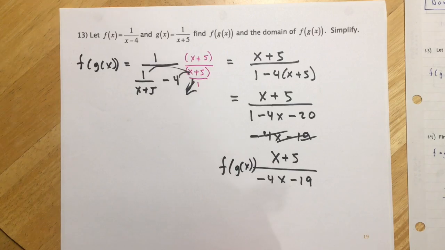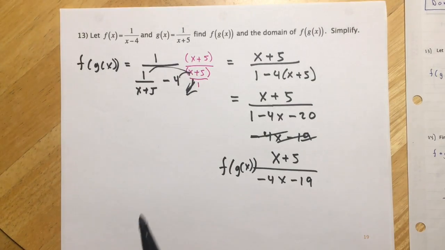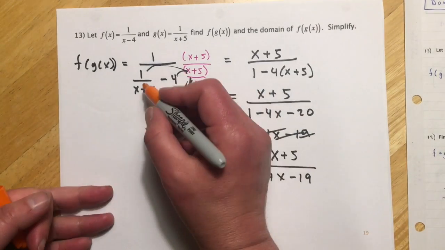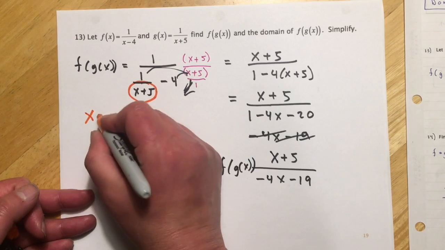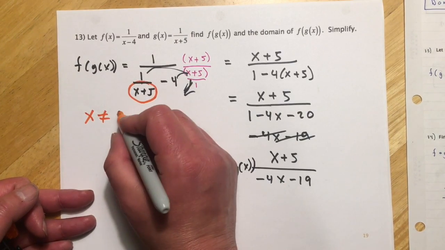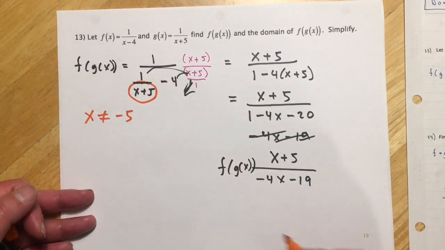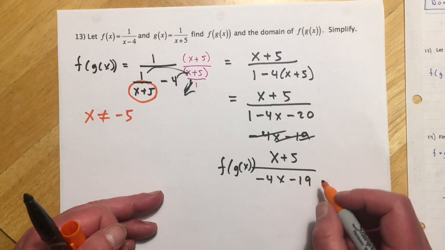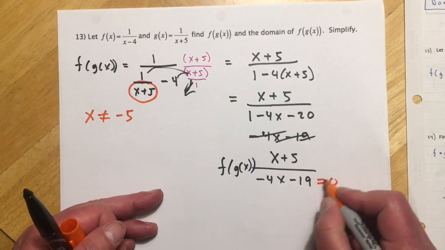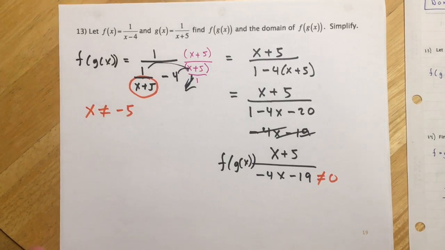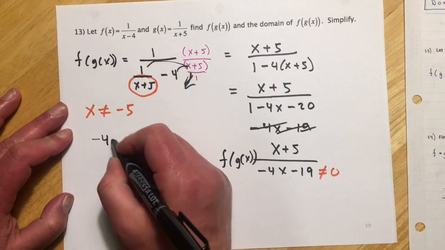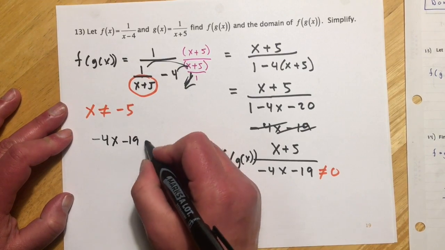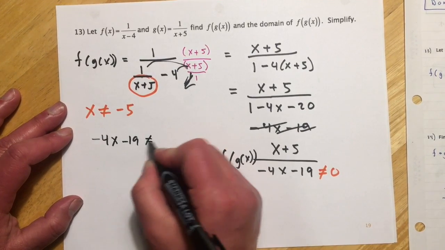To find the domain, there's 2 places we need to look, and one is right here before we simplify. Right there, x cannot equal negative 5. And then the other one is right here after we simplify, because then this can't equal 0. And so I'll just bring that over here, and I got negative 4x minus 19 doesn't get to be 0.